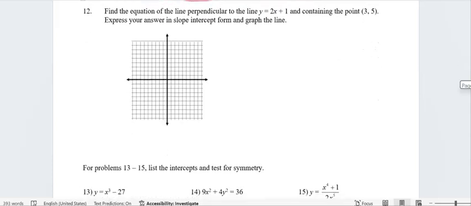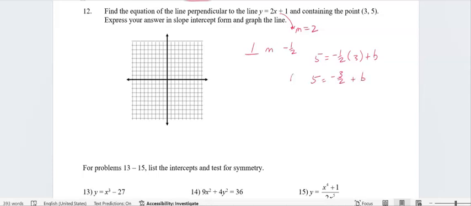All right, find the equation of the line perpendicular to y equals 2x plus 1 and containing (3, 5). So the slope of y equals 2x plus 1 is 2. So for the line perpendicular to it, the slope would be -1/2. And so now I'm going to write the equation using this point. So y equals mx plus b and solve for b. -3/2.